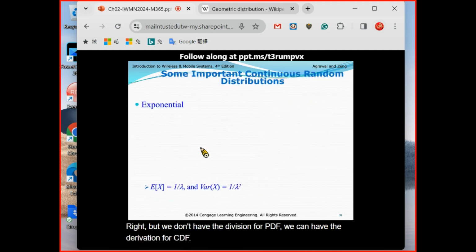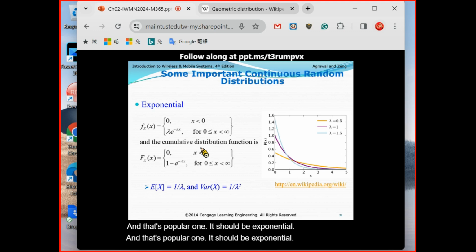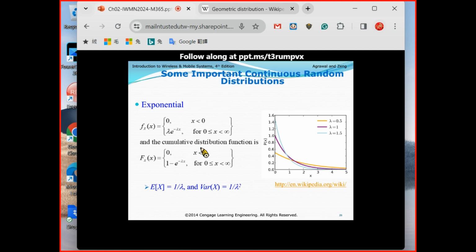And the next popular one should be exponential. There is no share for exponential here. Actually, it is exponential decay, not exponential growth, because we have a minus here.